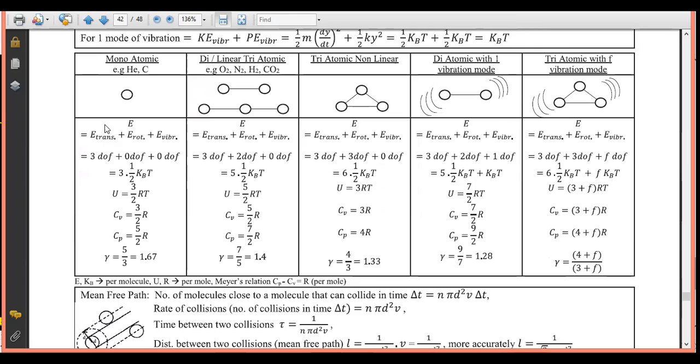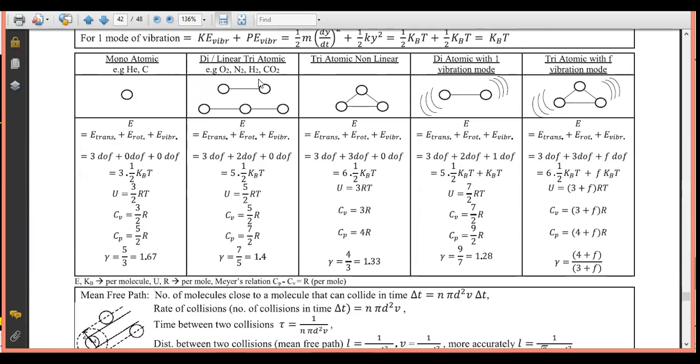So I want you to take it as a homework, like a challenge. Try this yourself. I've given you everything nicely, something which is given in some 3 or 4 pages in your textbook, I've given in one single table. You see monoatomic. Monoatomic means you don't have rotational or vibration, so it's only translation. So 3 times half kB.